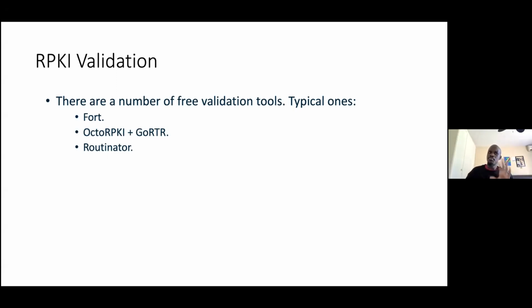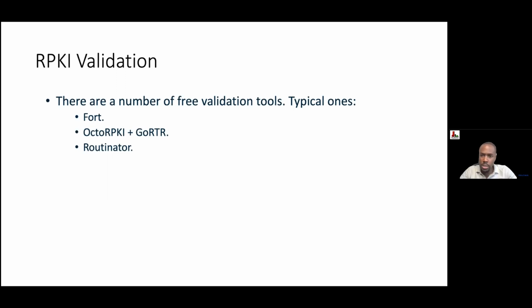So just be mindful that the validator that you're using today might not be the one you're going to be using tomorrow, for a number of reasons: security, if it's well written, if the people maintaining it decide to give up, all sorts of things. So always be flexible with the validators that you end up using. And where you can, don't find yourself running a validator which is too old and out of support, because that will mean you're compromising the security of your BGP environment.